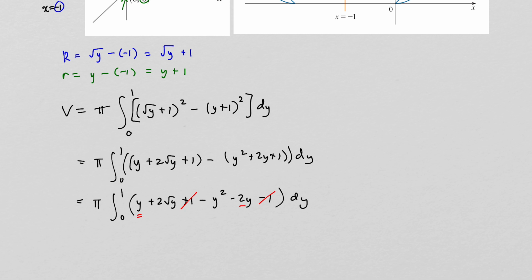Combine like terms here. So we get pi integral from 0 to 1. Y take away 2y is -y. Plus, then we have 2 times the square root of y, which will be 2y to the 1/2. And then minus y squared. Let's go ahead and find the antiderivative.